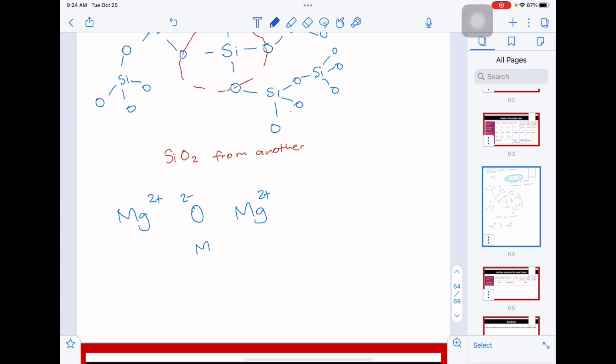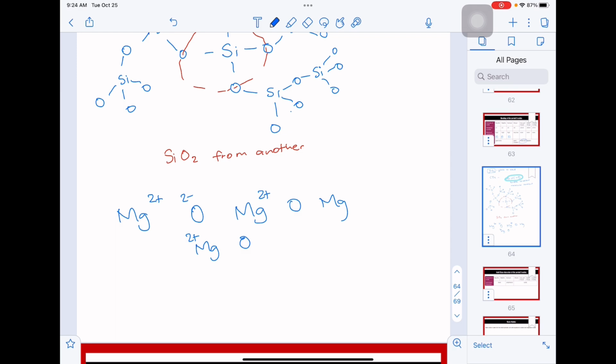So maybe you have an Mg here, and then O here, and then O here, and Mg here. So even this one, it grows from all directions, and it grows forever and ever. It does not end. It's hard to separate.